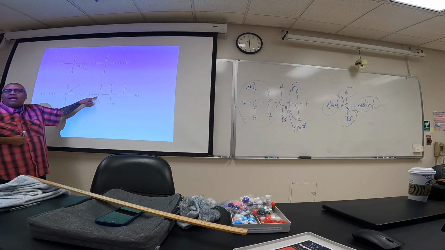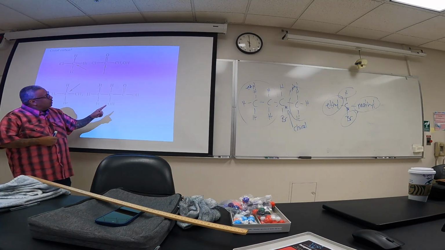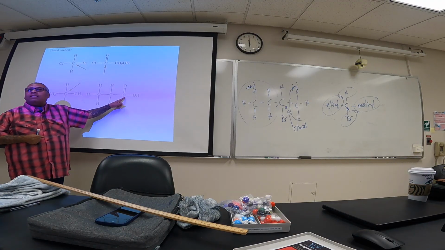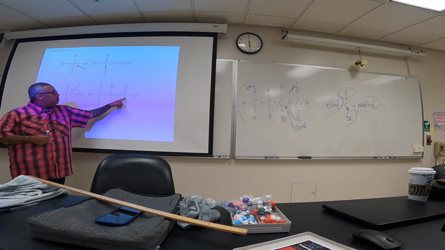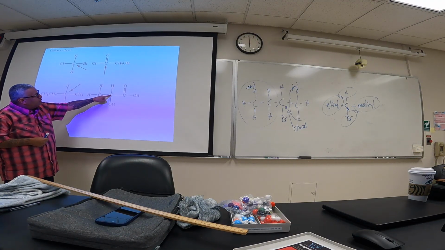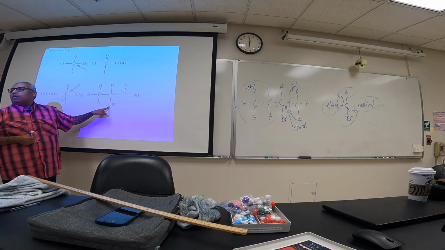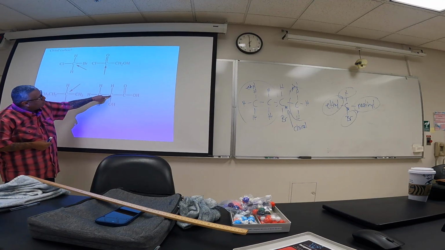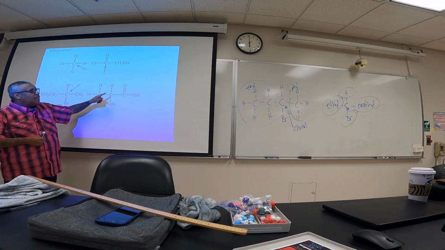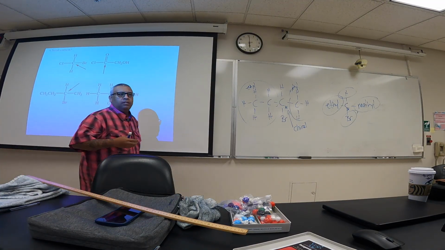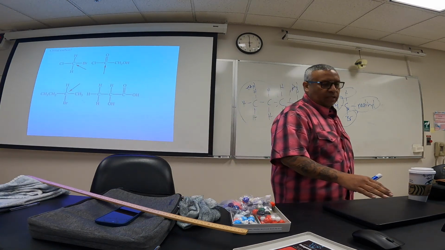This is also achiral. This is bonded to this carboxylic acid functional group, this carbon is bonded to methyl, this carbon is bonded to hydroxide, and this carbon is bonded to hydrogen, so this carbon here is chiral because it's bonded to 4 different things.